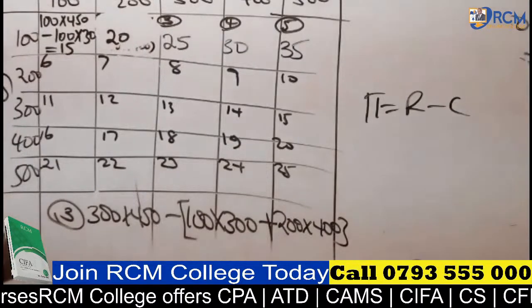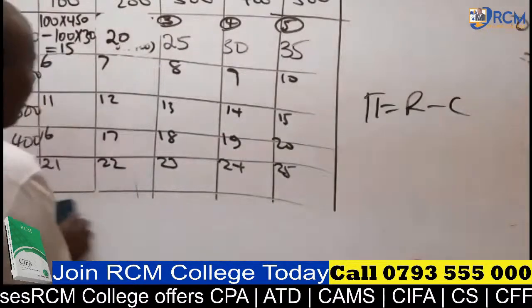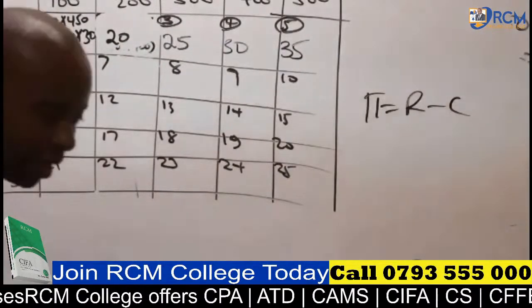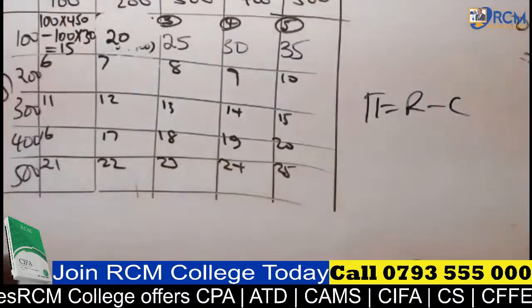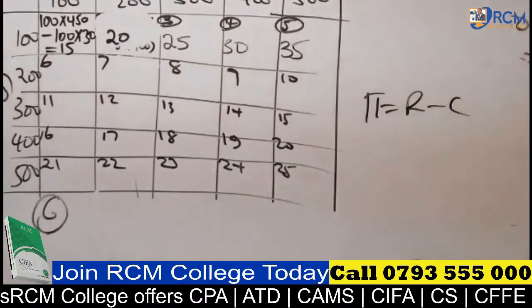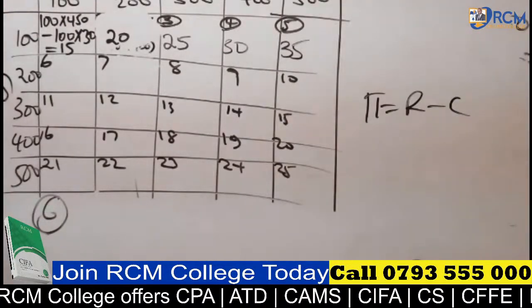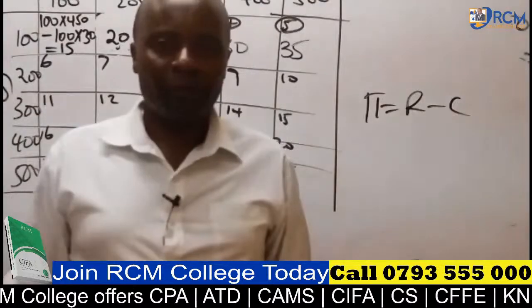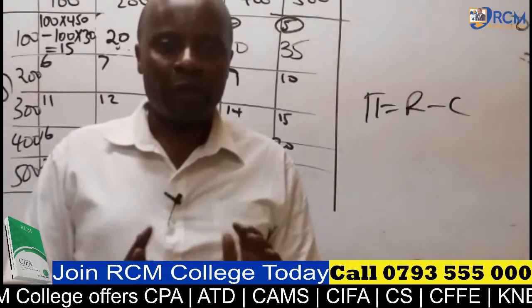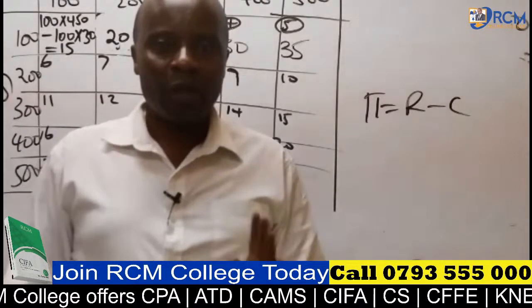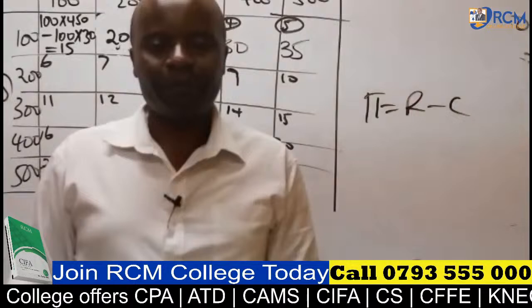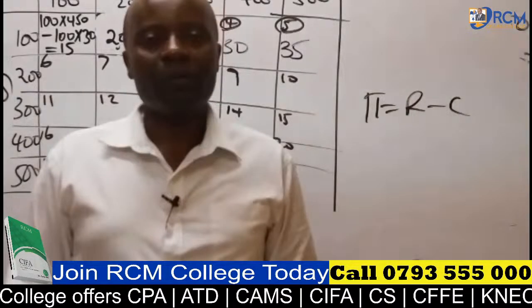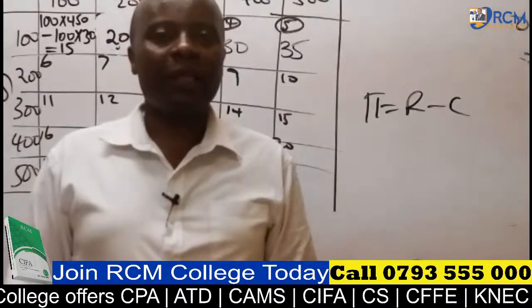Cell number 6, what do we have? Ladies and gentlemen, say I go to the market with 10 pieces, and then I get like 2 people wanting to buy.